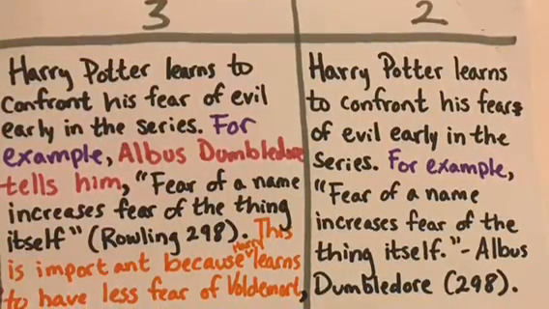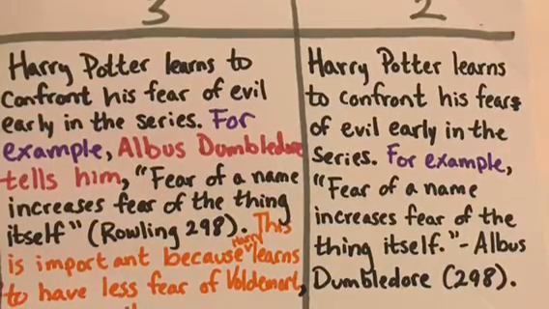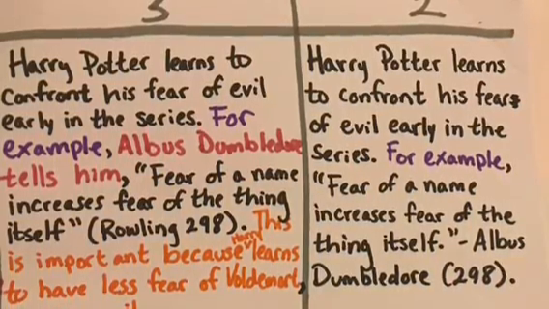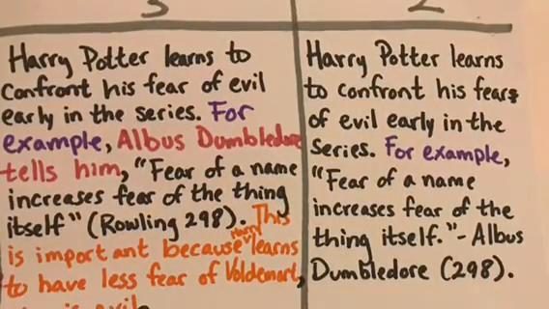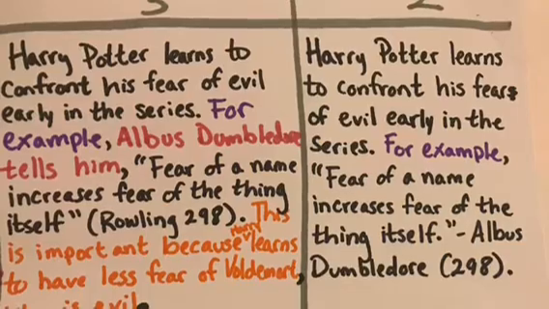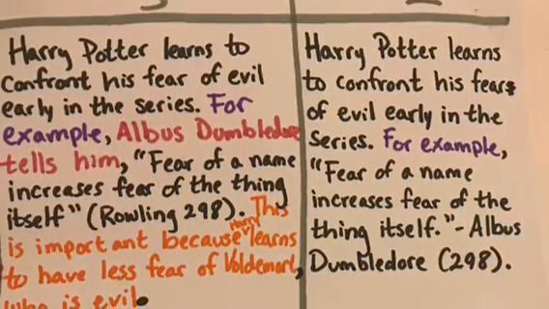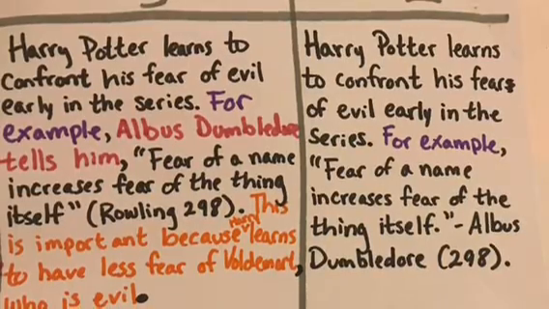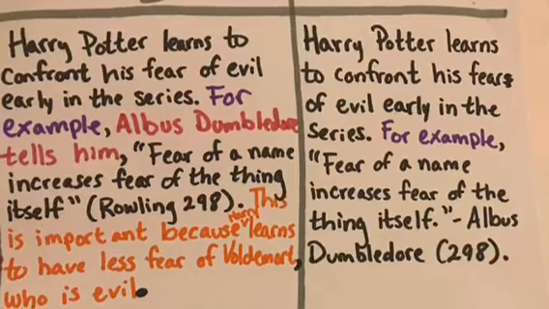Harry Potter learns to confront his fear of evil early in the series. For example, that's my transition in purple. Albus Dumbledore tells him, fear of a name increases fear of the thing itself. This is important because Harry learns to have less fear of Voldemort, who is evil. Pink you've got there, that's me providing context, and the orange is me explaining how the evidence supports my idea.